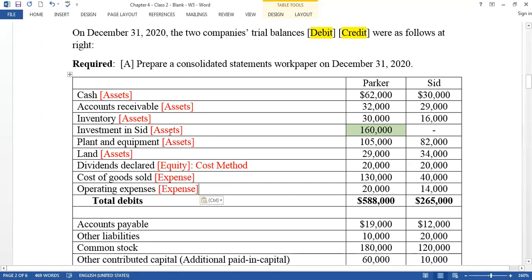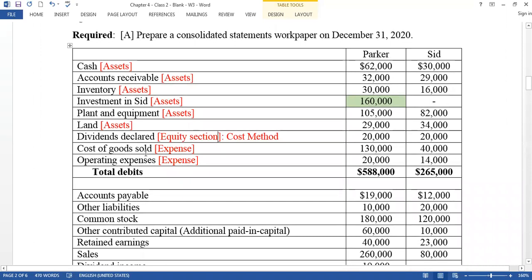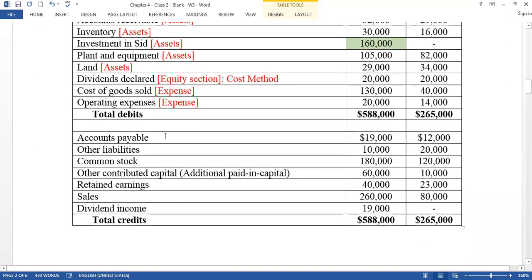So we find that some accounts are assets, and under the equity method, dividends go to the equity section. Then accounts payable is our liability. Accounts payable is our liability. The other liability we have here is other liability.